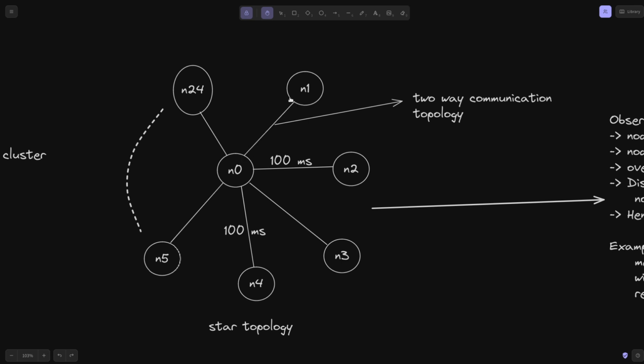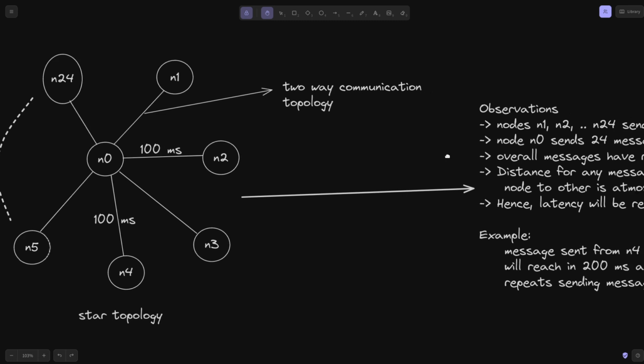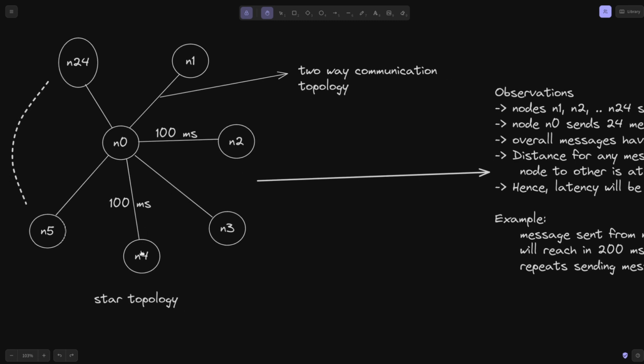So n0 can send a message to n1 and n1 can send a message to n0. If we consider this topology and assume that each node waits 100 milliseconds to send a message from its node to the node n0, we can make some observations.